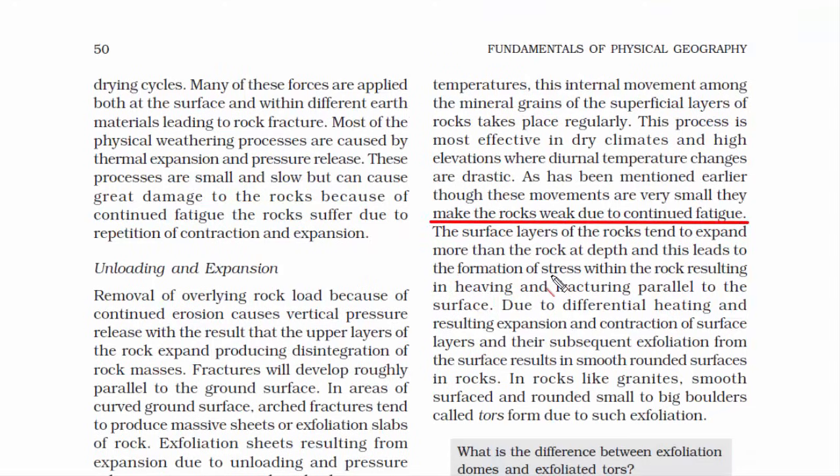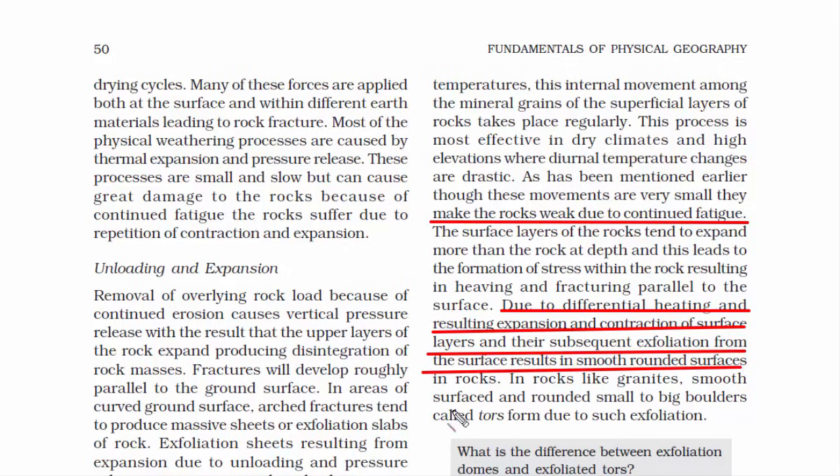Now this continuous movement makes the rock weak due to continuous fatigue, because over a long period of time this can actually cause the molecules that make up the rock to decay and causes cracks in the rock structure. And then, not to forget, water can get into those cracks and speed up the process of splitting.